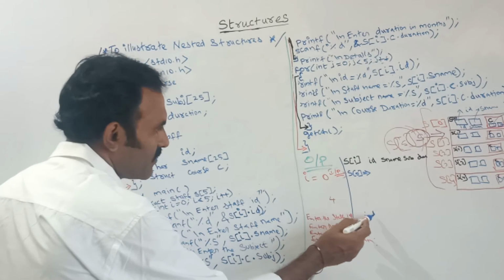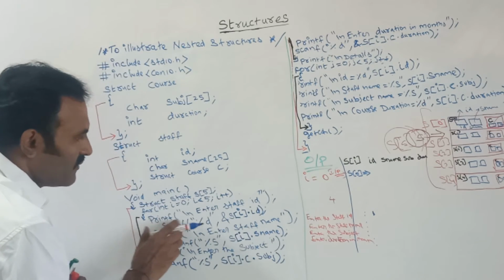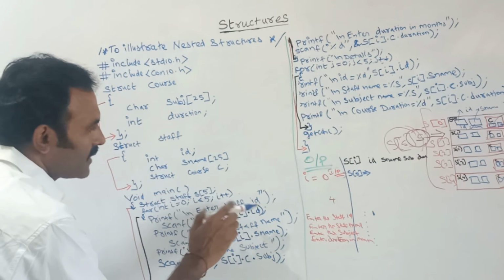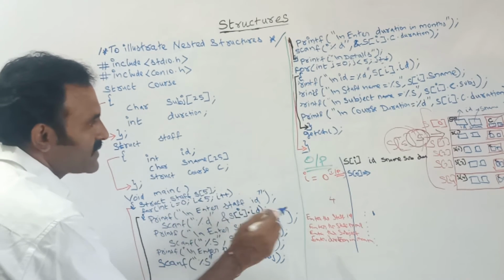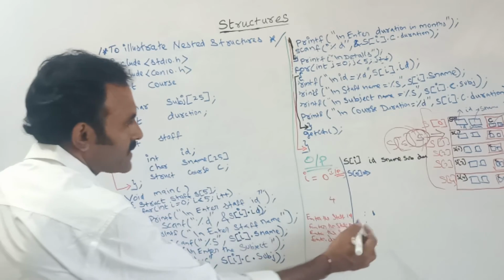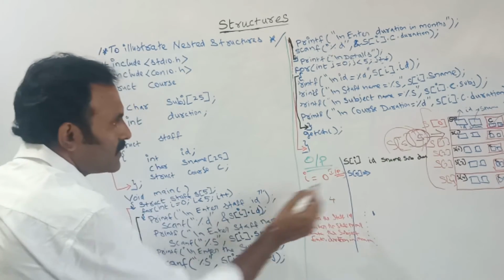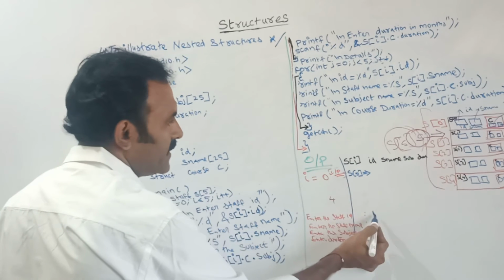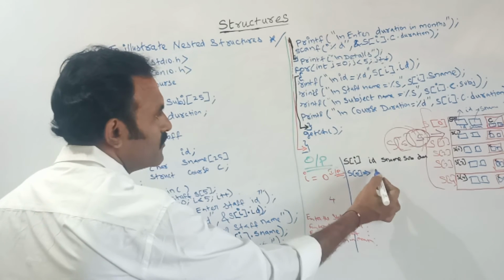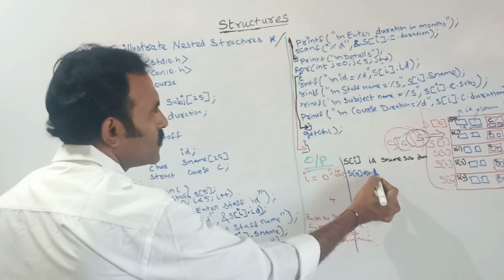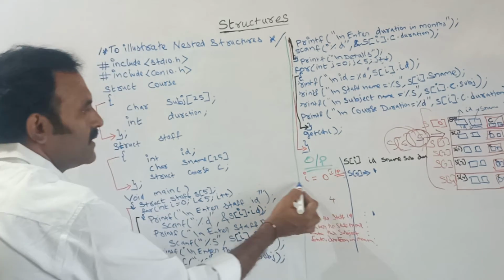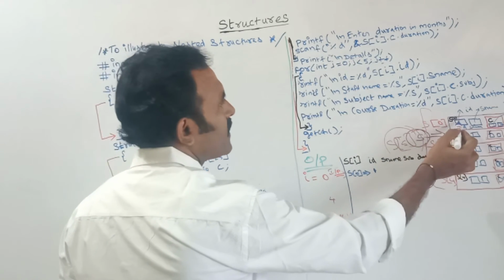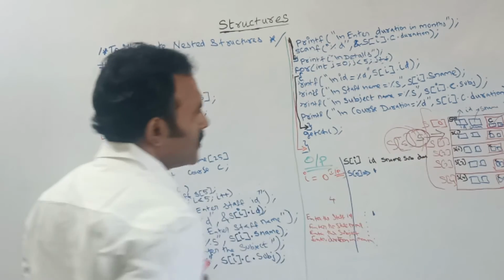Suppose I give 1 on the keyboard, that 1 will be stored to S of I dot ID. Now the I value is 0, so S of 0 dot ID. At S of 0 dot ID, the data I had given will be stored. So 1 will be stored to this location, the 0th location, S of 0 dot ID.